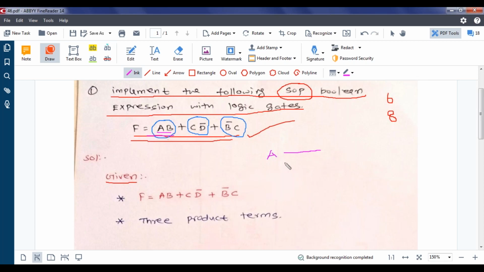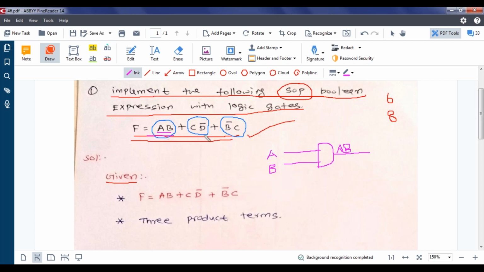Next you are having the term B, so make a line and mark it as B. Here A and B are a product term, and for a product term we give it to an AND gate. Now the output of the AND gate is A into B.